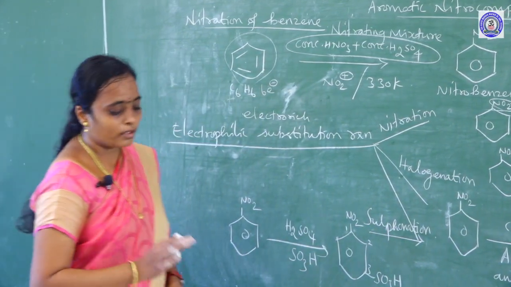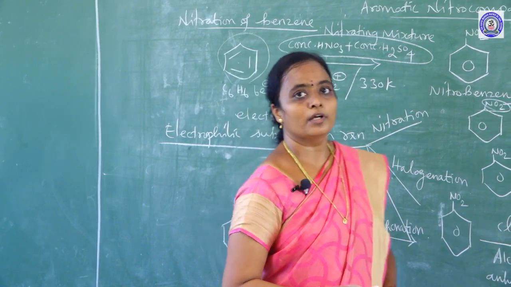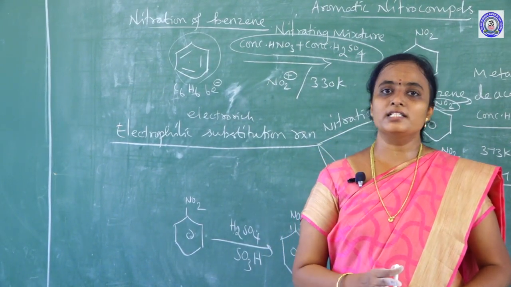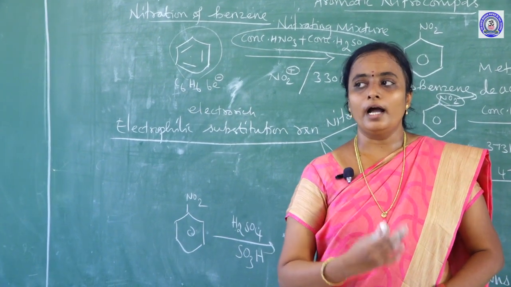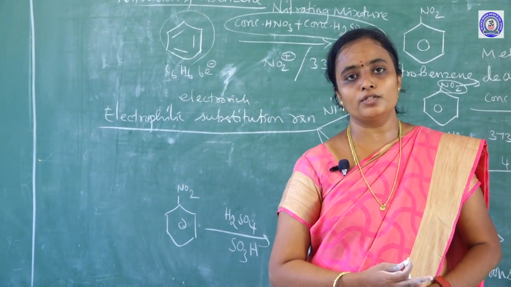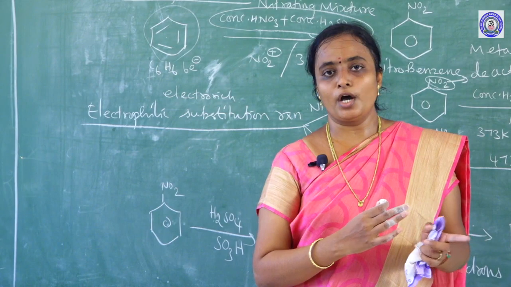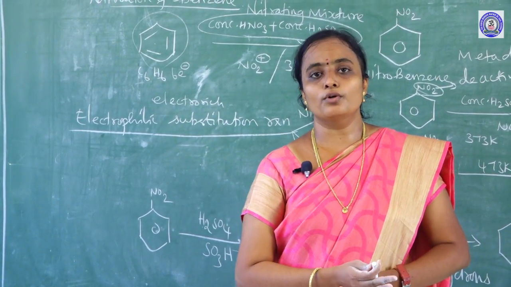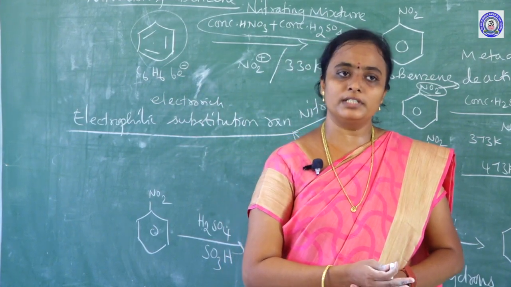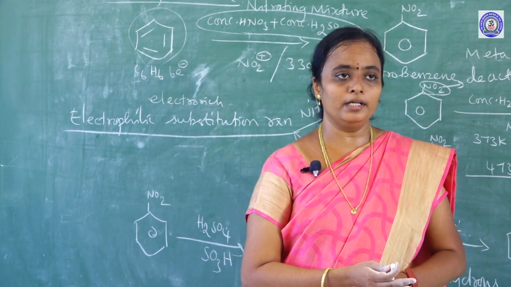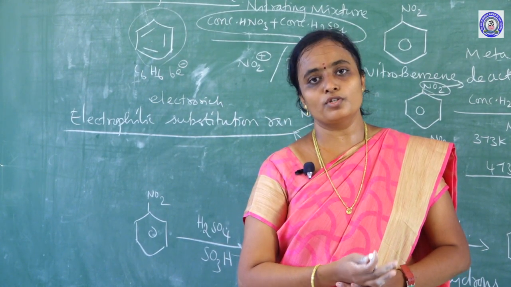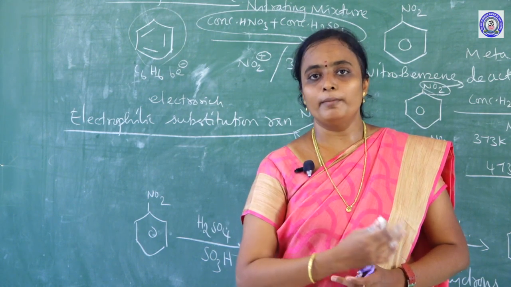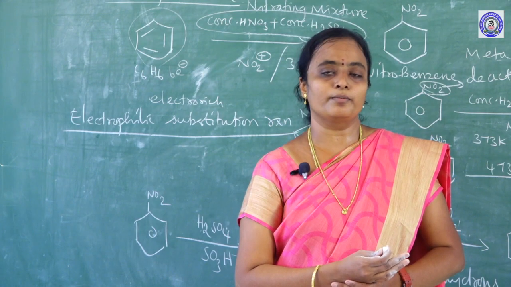group. So, on the whole, today we have discussed what nitro compounds are and how they are classified into aromatic and aliphatic systems. First we have seen aliphatic nitro compound preparation, physical properties and chemical properties, and in the aromatic system also we have prepared nitrobenzene and discussed its chemical property, that is electrophilic substitution.